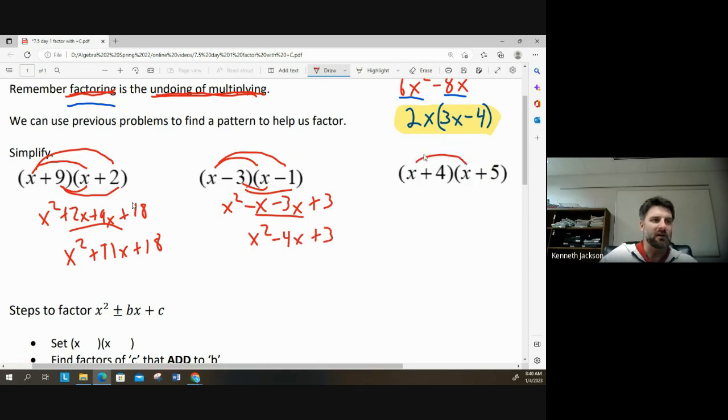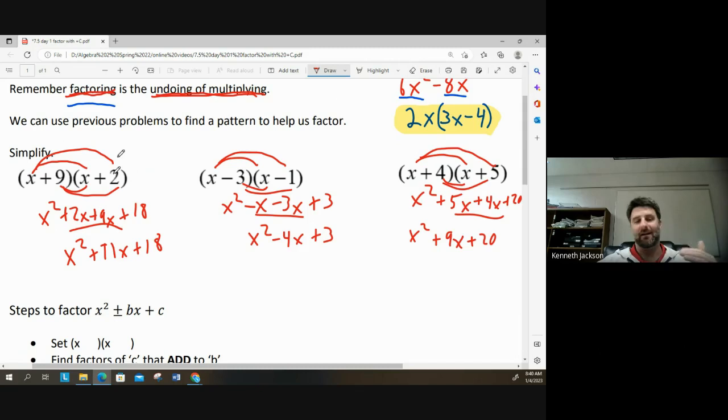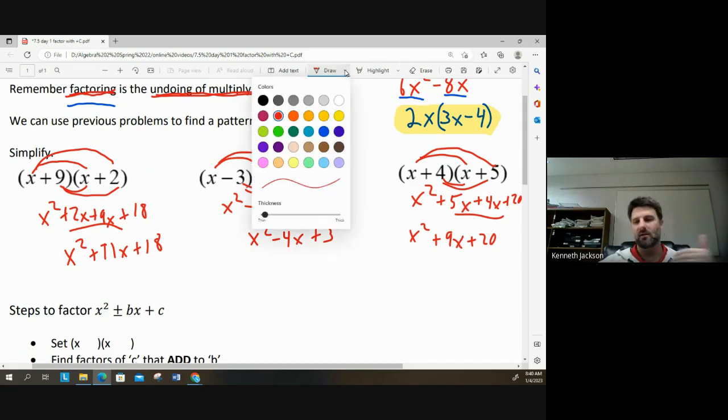And on the last one here, x times x is x squared. x times 5 is 5x. Take the 4 and run it through. That's plus 4x plus 20. Sorry, I ran out of room there. That's x squared plus 9x plus 20. Again, that's something that we should be familiar with. That was covered in sections 7.1 through 7.3.